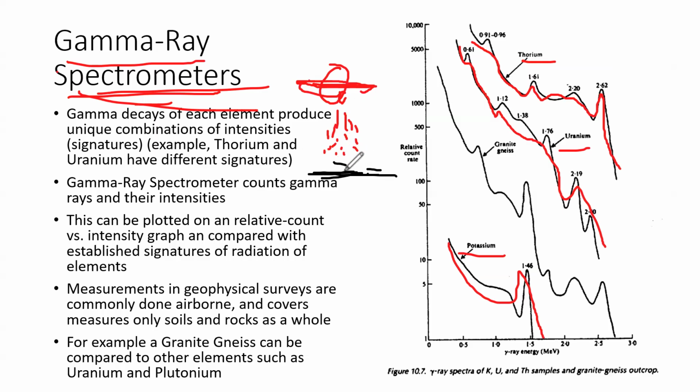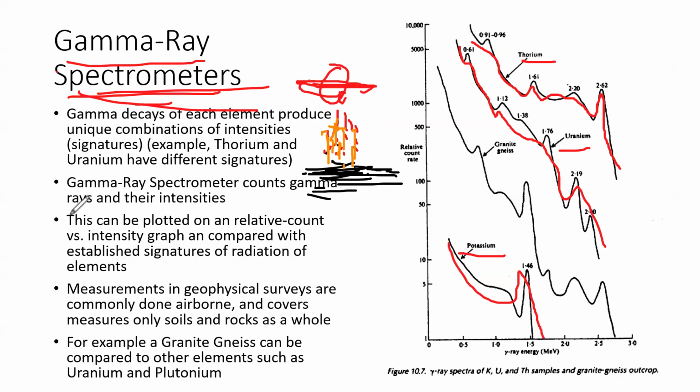But most of the time, you're only measuring the upper 10 centimeters of the soil. So the gamma ray spectrometer is counting the number of rays being emitted by the soil, and each ray that's emitted will have its corresponding intensity measured.